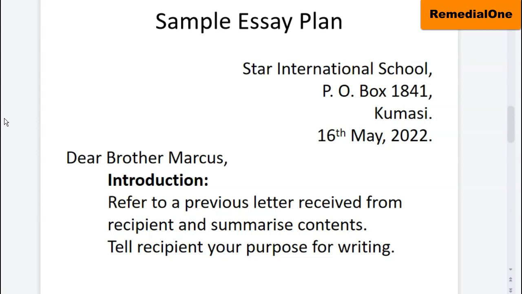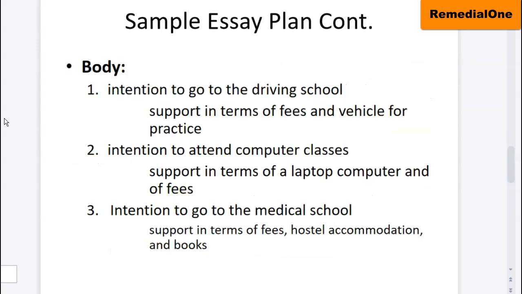Now let's move on to the next thing this student is going to do: the body. As we see it in front of us, this candidate has 3 things he intends to do after leaving secondary school. Now, if you look at the way the question is put out there, you are not given the number of things to mention.